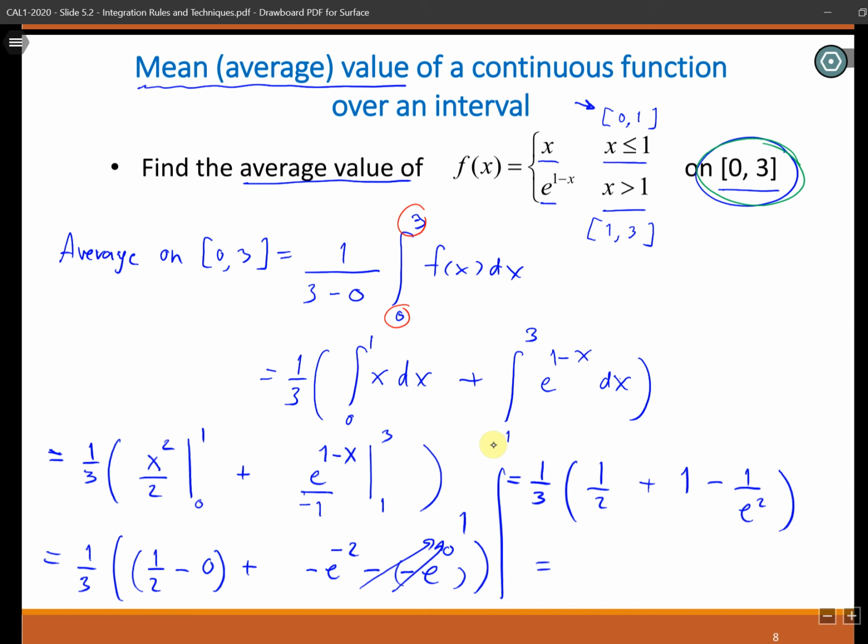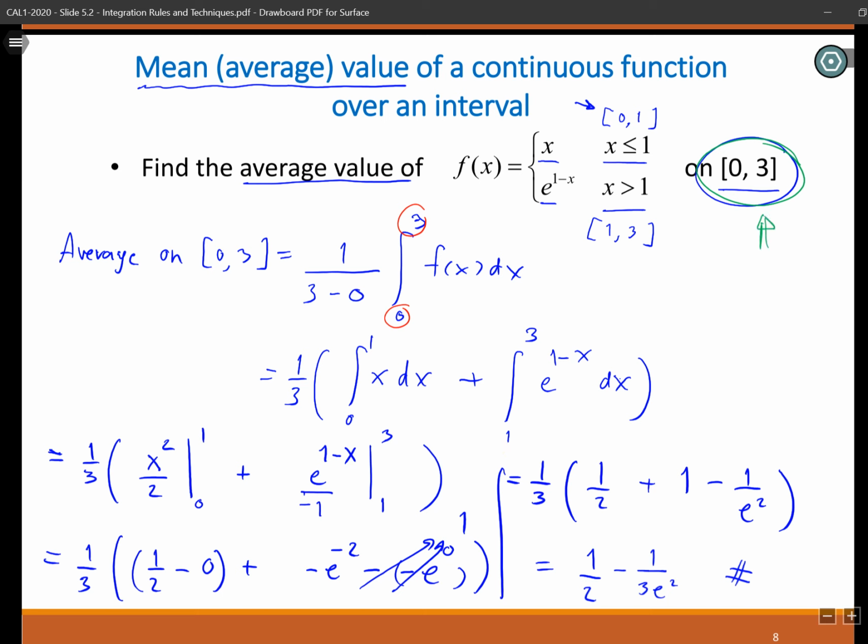So in the end this becomes 3 over 2, so this is 1 over 2, minus 1 over 3e squared. Alright, and that is the answer, the average value of this function over this range.